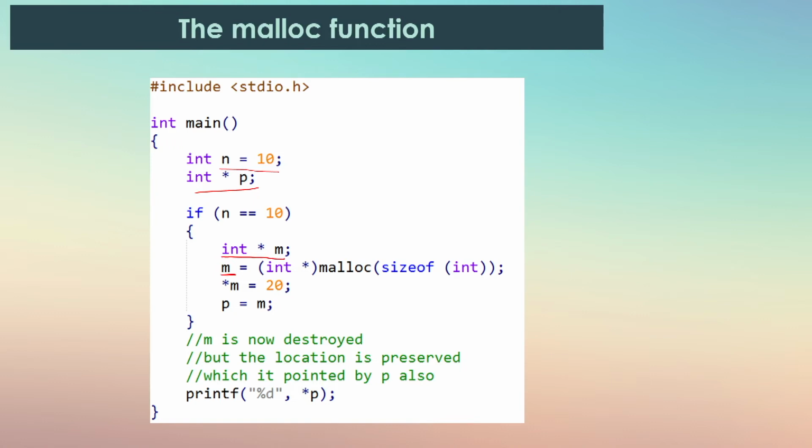Whatever size we request, the memory would be allocated accordingly, and star m equal to 20. So, we are requesting 20 memory locations, then the pointer p would be assigned the m value, so that p will be using the locations which are allocated. m can now be destroyed.